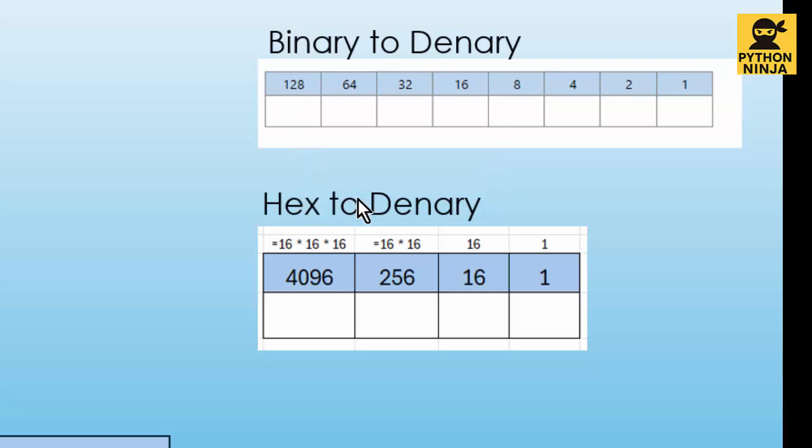Now hex is not base 2, it is base 16, but the conversion table works in the same way. So we go 1, 16, and then it is 16 times 16, which is 256, and 16 times 16 times 16 is, yes, you guessed it, 4096.